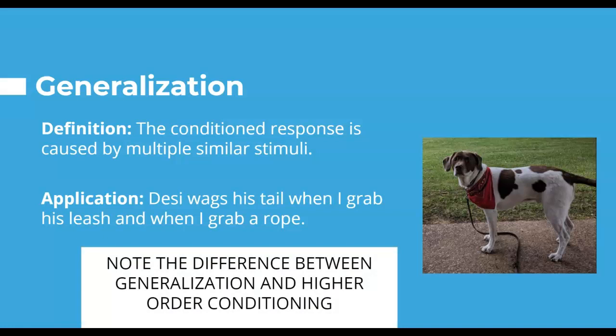Please note the difference between generalization and higher order conditioning. So I know this might sound similar because he is applying that conditioned response to more than one stimulus. However, he hasn't been conditioned, right, to believe that the rope means going outside. He just isn't telling the difference between a rope and a leash.